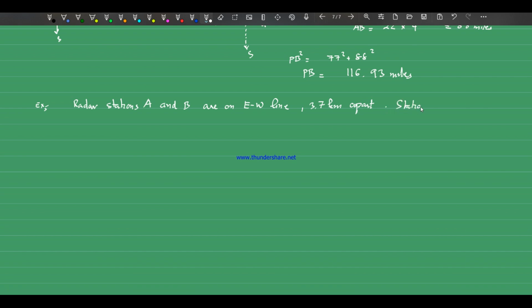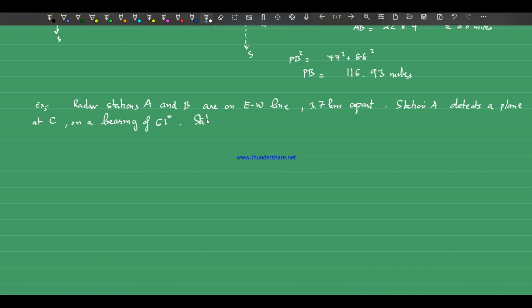Station A detects a plane at sea on a bearing of 61 degrees.